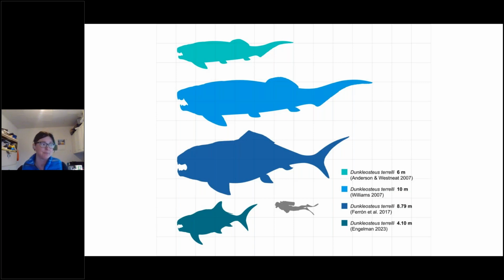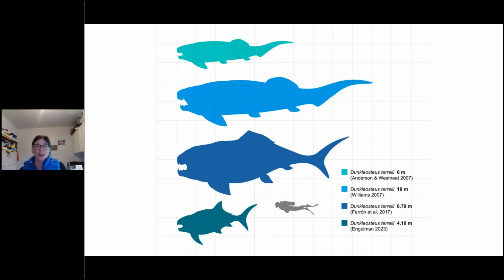Now, I called this an arms race a little bit tongue in cheek, but it really was, right? So we're looking at a time where all sorts of fish are diversifying. We had our ray fin fishes, our lobe fin fishes, our placoderms, all of these different fish.